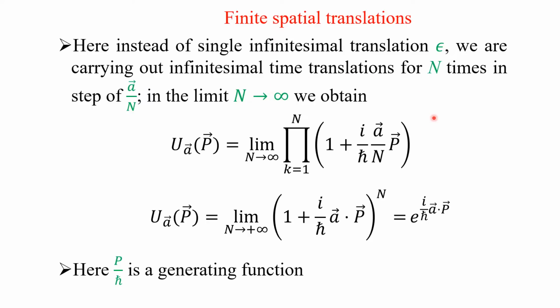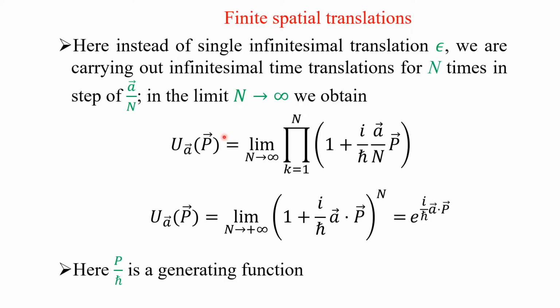That is, first you do it with epsilon, and again you do it with epsilon, and likewise you do it n times, in steps of the vector a over n. So the total displacement is a, and the step size is a over n in the limit n tends to infinity, as we have seen in the case of finite time translation.